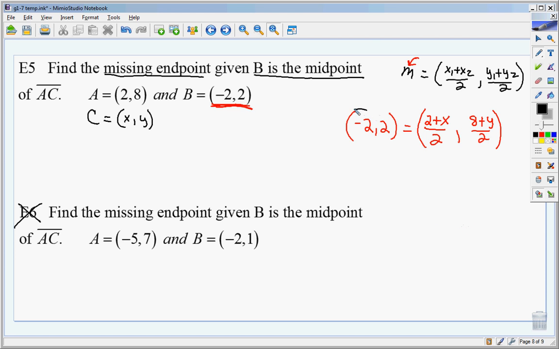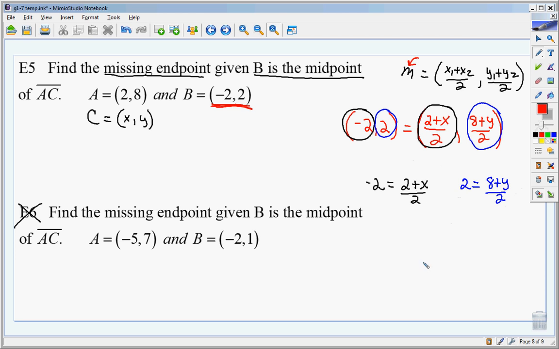This is then the equation for the x value of my coordinate. -2 is equal to 2 plus x over 2. This would be the y part of the equation. 2 equals 8 plus y over 2.